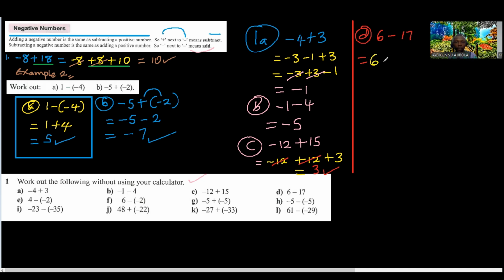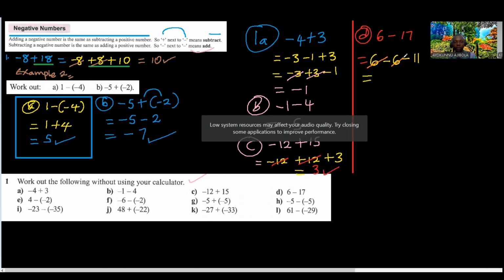So if I take 6 negative out from the 17 negative, I'm going to have 11 negative remaining. So the 6 minus 6 gives us 0. Then we have our final answer to be minus 11. Okay?